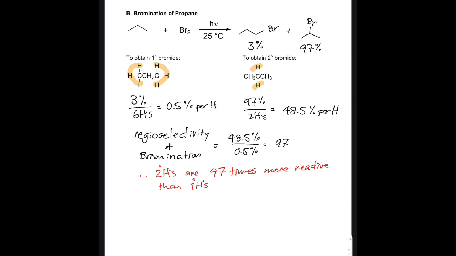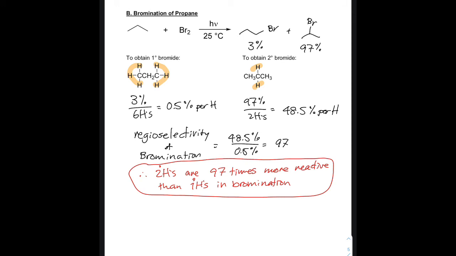I just wanted to make sure I put that circle there earlier, at least in the context of bromination. Like the secondary hydrogens are 97 times more reactive than primary hydrogens in bromination reaction. So that's the conclusion we can draw from this.